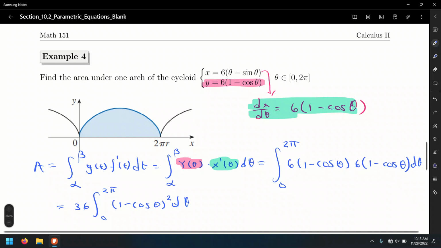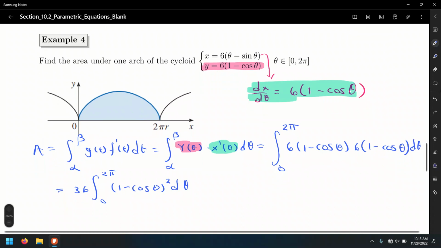It looks like this integral is going to take a good minute, because you might remember this kind of integrals from almost the beginning of the semester when we looked at trigonometric integration. So essentially we are going to integrate a polynomial of trigonometric functions, and we might need some power reduction formulas.